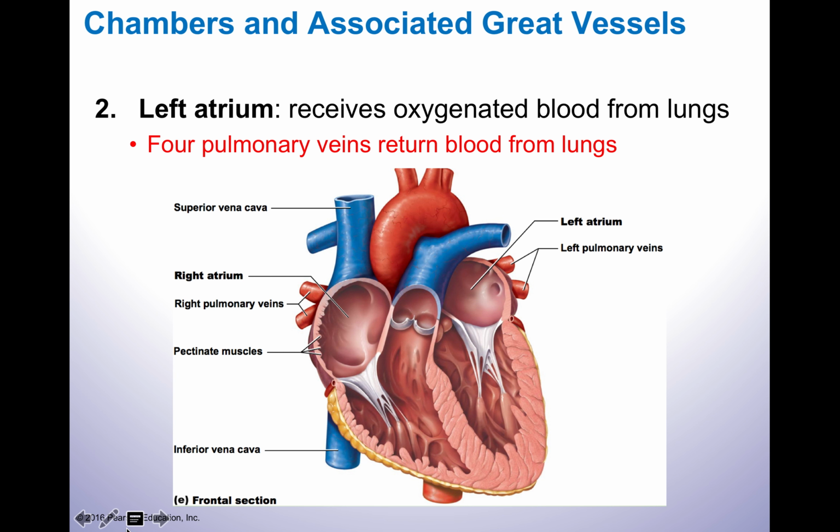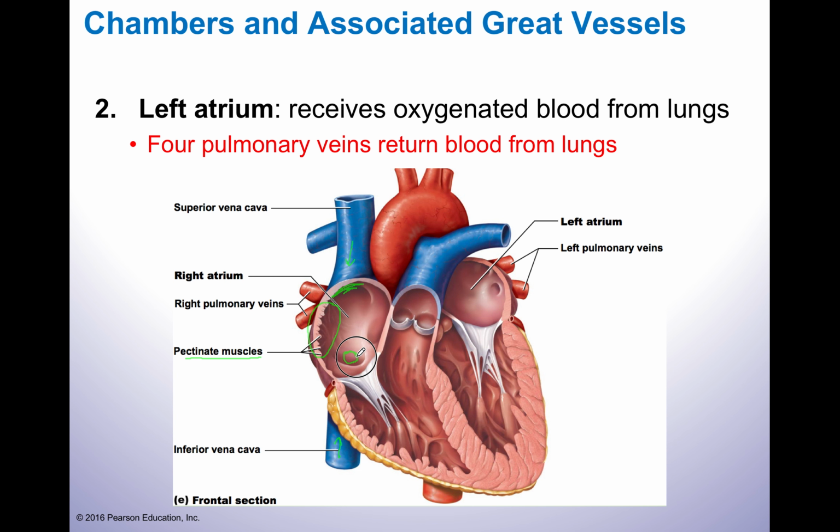So here's a picture that our focus is on. Right here, you have the superior region of the right atrium I was talking about. It's relatively smooth. At the bottom part, you see these ridges called the pectinate muscles. You have the superior and inferior vena cava emptying here.